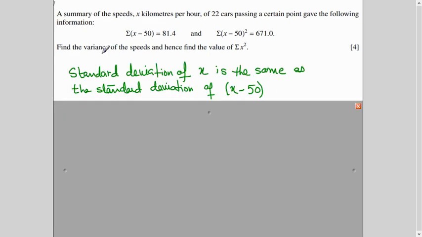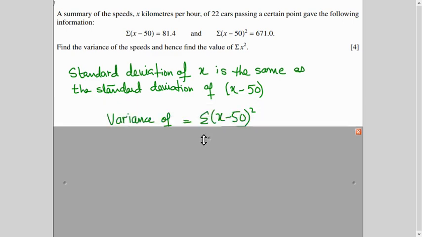Now we have to find the variance of the speed. And we have just seen that the standard deviation or variance of x, the original data, will be the same as the standard deviation or variance of the new data which you get after coding, either x minus 50 or x minus 30, whatever, right?